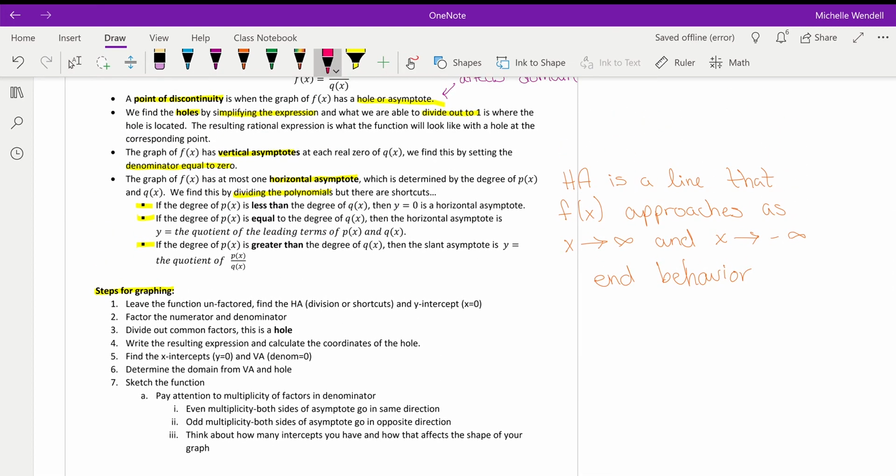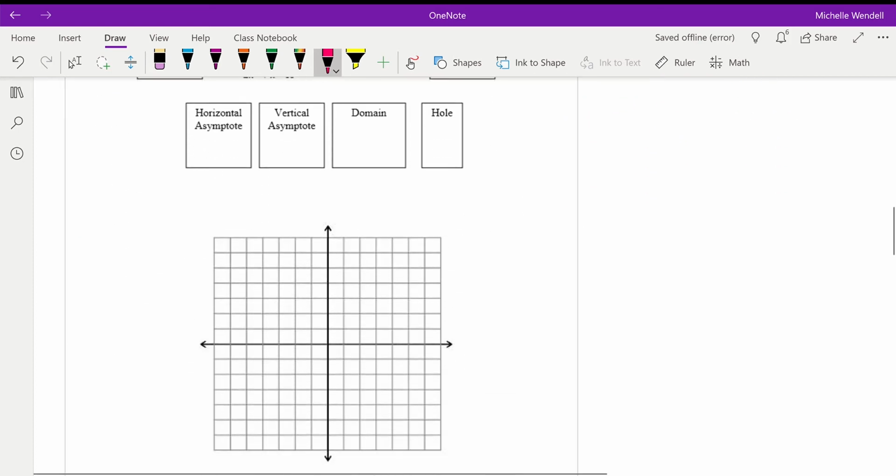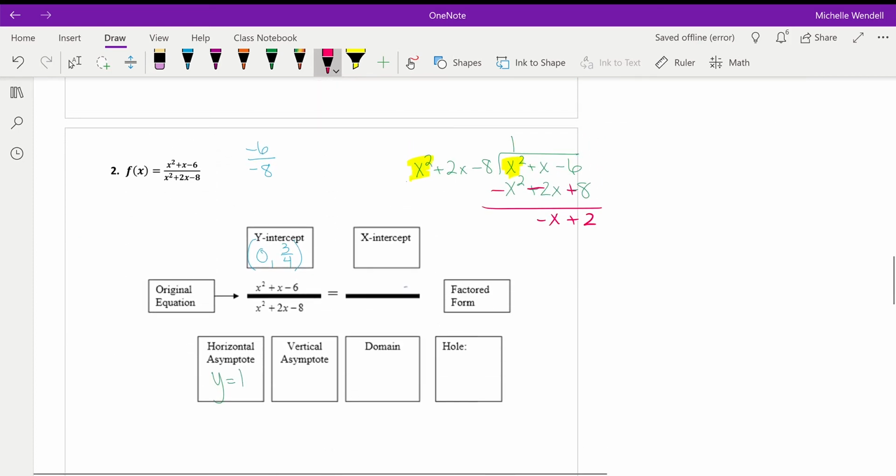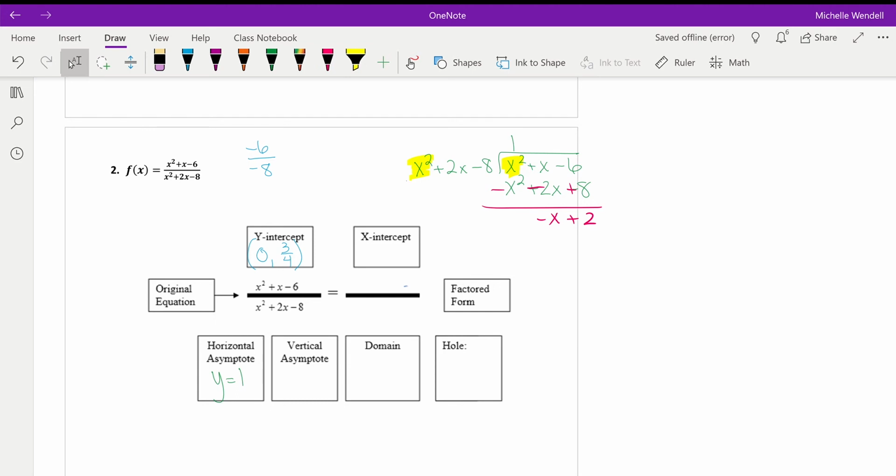We actually use the second shortcut, that if the degree of the numerator and the denominator are the same, which in this case they were both x squared, you can find the horizontal asymptote by dividing the leading coefficients. The leading coefficients in our example were both 1. And so when I take 1x squared dividing into 1x squared, you just get 1.